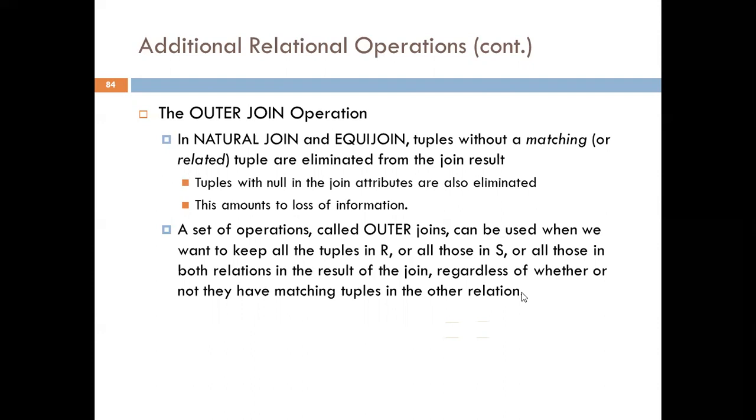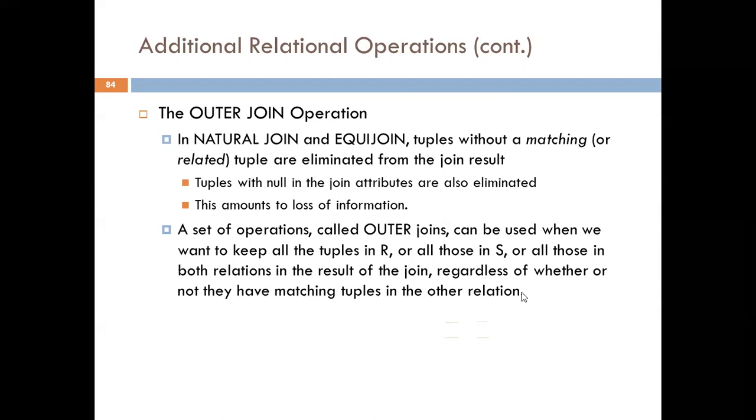In some scenarios we want to retain all the tuples of one of the relations or both, regardless of whether there is a matching tuple or whether a join condition is met or not. If we want such a result, then we go for the outer join.